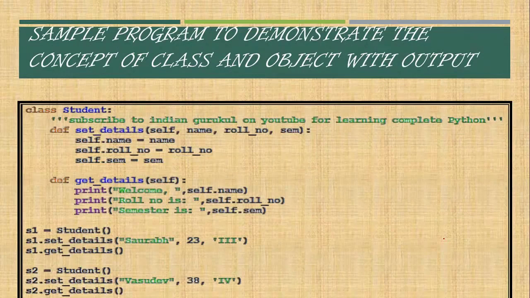Now let's see an example of the student class. Over here I have first of all created a class. Since Python is a dynamically typed language, for any variable or data member we do not need to declare the members first.